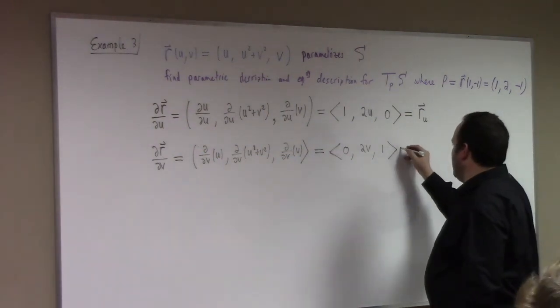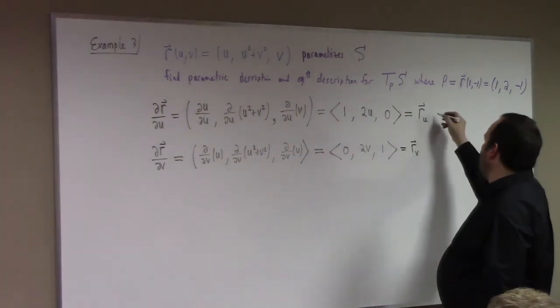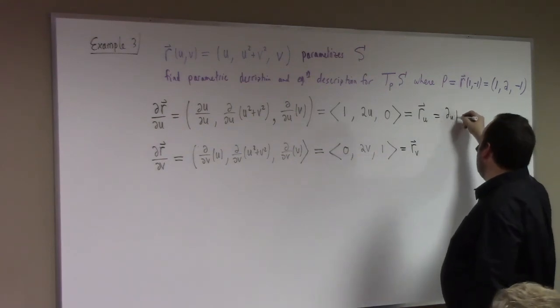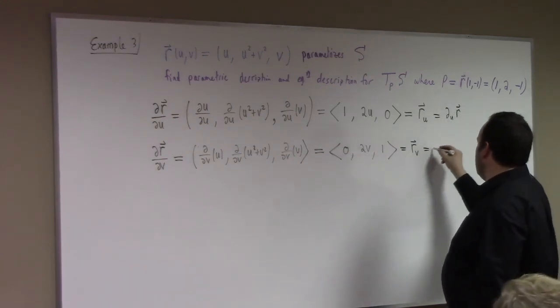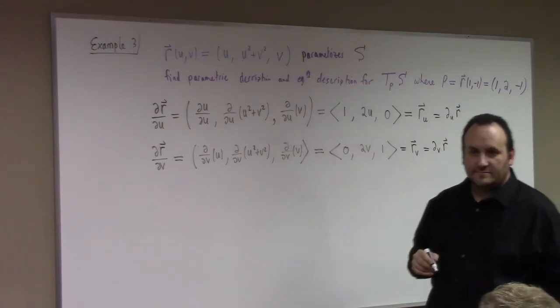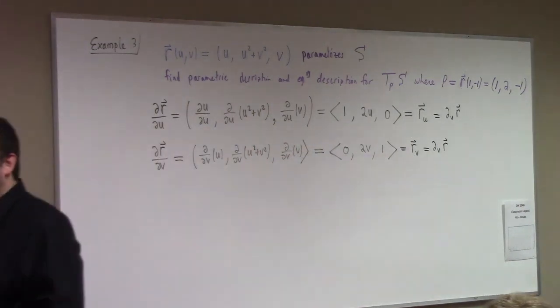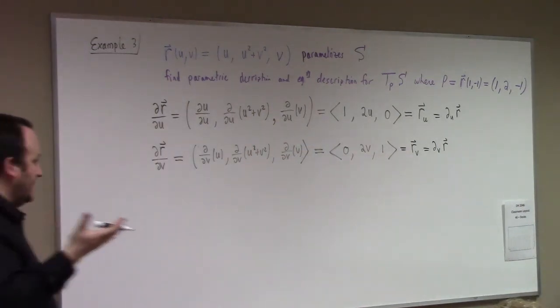And again, for what it's worth, that's also denoted r sub v. Or, while we're on this parade of unnecessary notation, we can also denote them like this. Other notational choices.